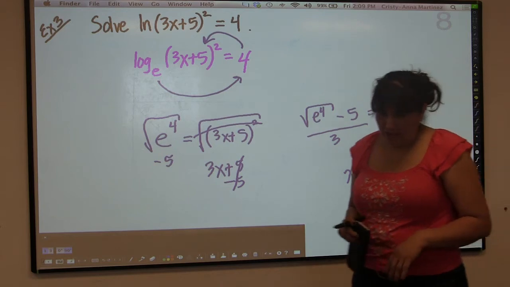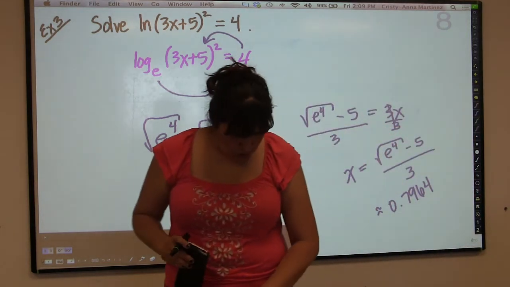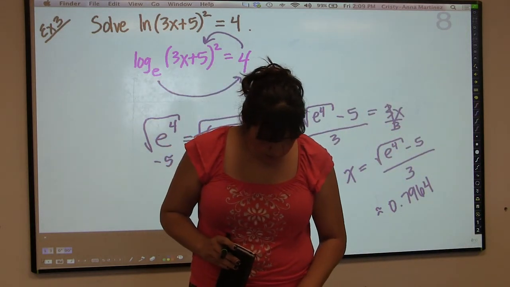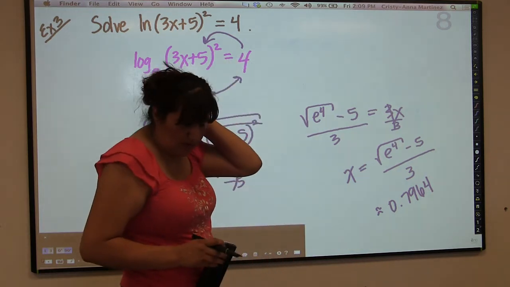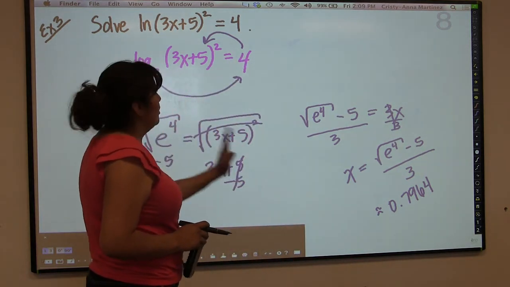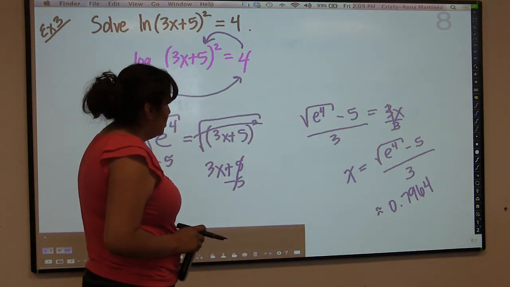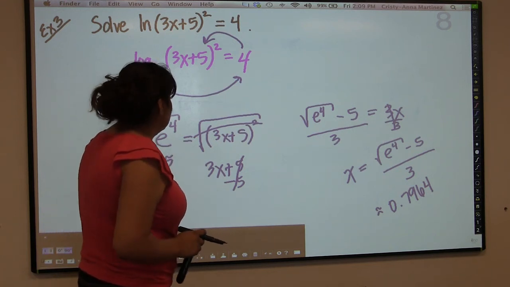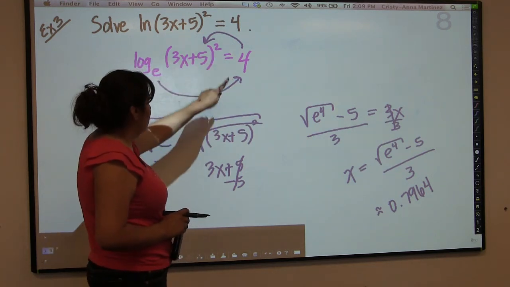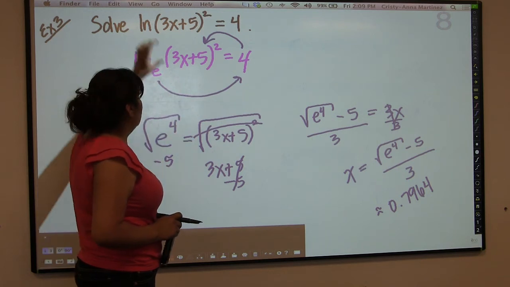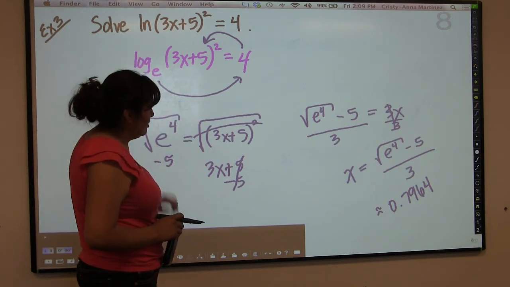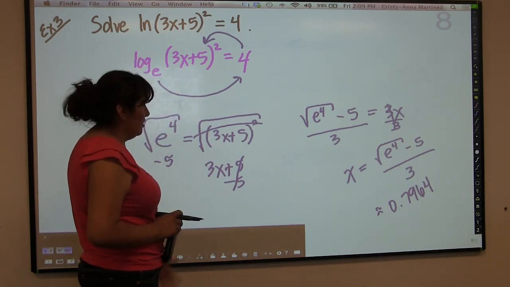And I'm not exactly sure how many decimal places they wanted you to use, but they used 3, so I'm just using 4 there. But there you go. That is how you can get your answer. So nothing really changes. You're still using the same little exponential form. Take a logarithm to solve it. You want to write it in exponential form, and then it's not that hard to solve.